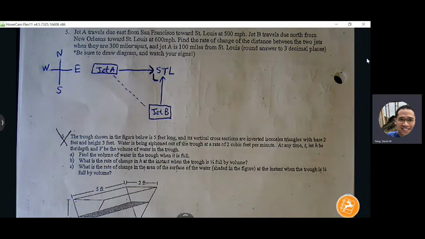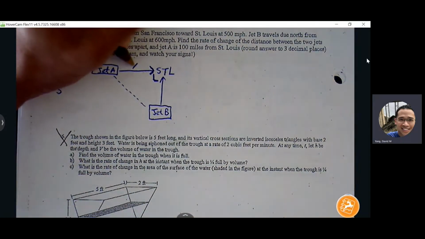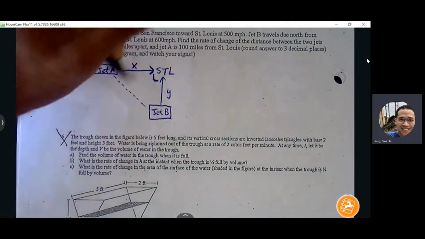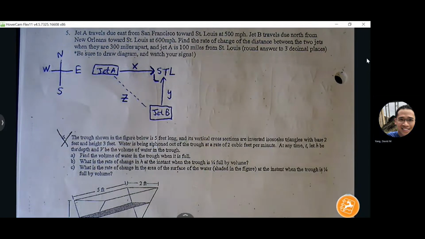Okay, so there's my right triangle. I have jet A traveling from San Francisco towards St. Louis. Jet B is traveling north from New Orleans to St. Louis. Find the rate of change of the distance between the two jets. So I'll call this horizontal length X, the vertical length Y, hypotenuse Z. So there's my Pythagorean theorem.